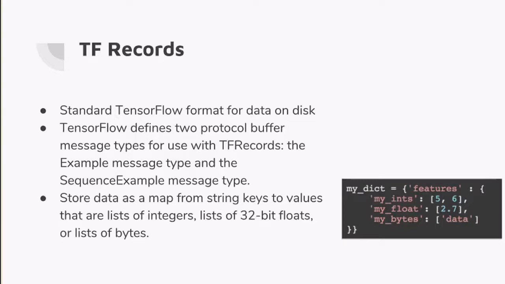TensorFlow has a format called TF records, which is a supported data format that it wants you to put the data into when you feed it into TensorFlow. Essentially, this is just a kind of dictionary, and as long as you follow that format, you'll have no problems with TensorFlow. You can put almost any data in there.